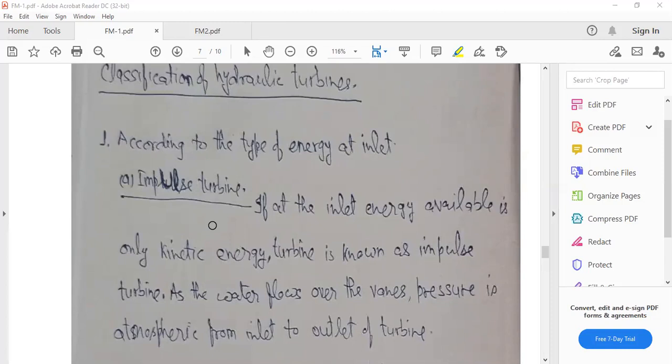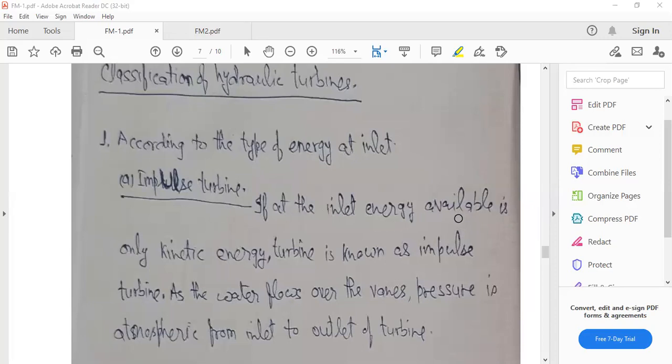So there are two types of turbines on basis of energy at inlet.